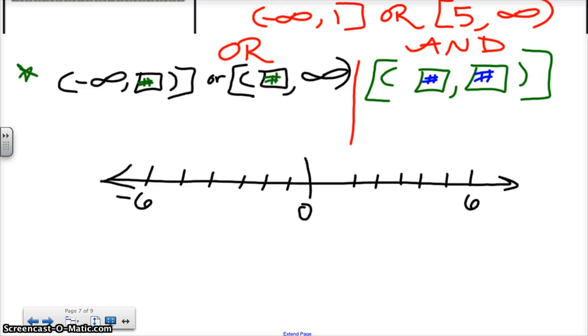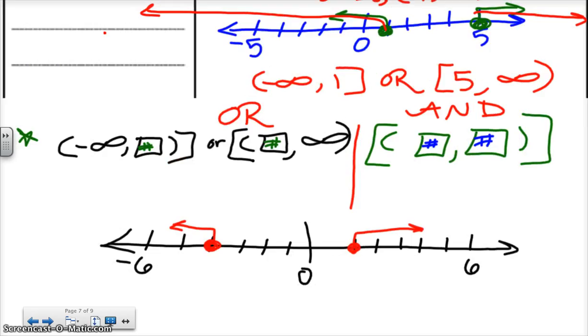Now I'm going to have you work through this yourself. I'm going to have a colored in circle from -4 going to the left, and a colored in circle at 1 going to the right. Express this in interval notation. Okay, I'm going from the left to right here. It's an or statement, so I say I go from negative infinity to a number.